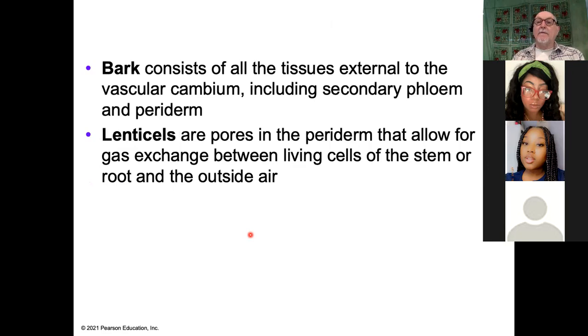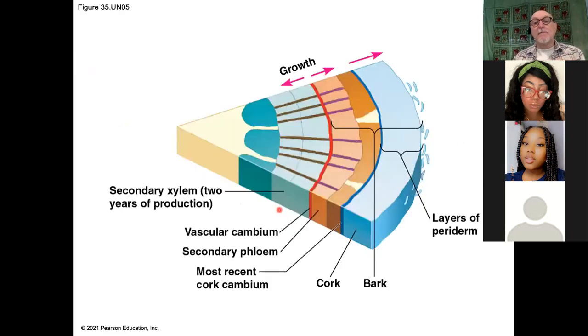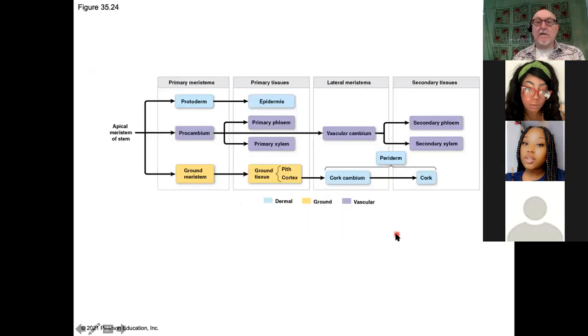The cork is penetrated by pores called lenticels, and that allows for gas exchange with the living cells on the inside of the stem, which is essential because they are still respiring. Even though they're not photosynthesizing, they are respiring and producing carbon dioxide, which has to be voided in some way.